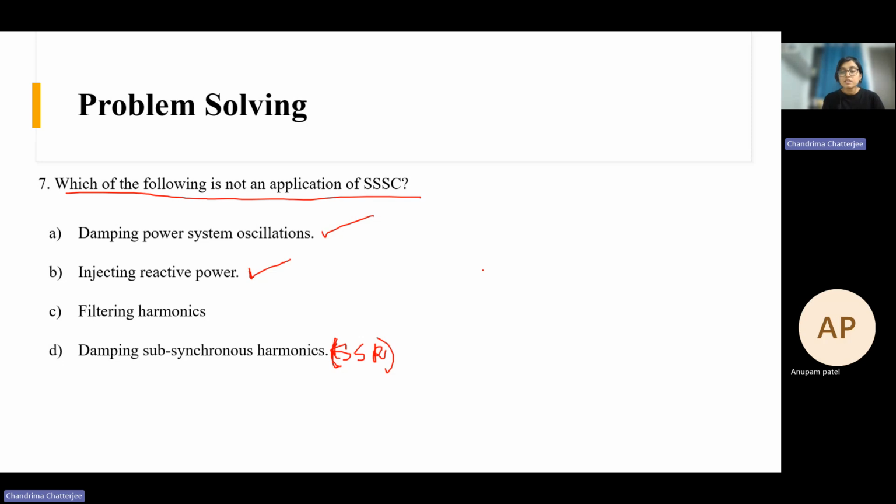Earlier, in the reactive power compensators we studied, the equivalent circuit was like this. Suppose this is the line, and there is a variable reactor. Suppose TCSC or some other compensator where there is a series capacitor.